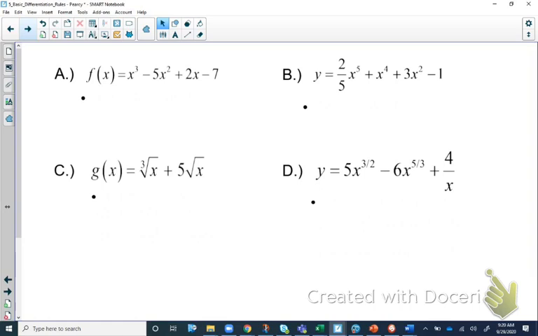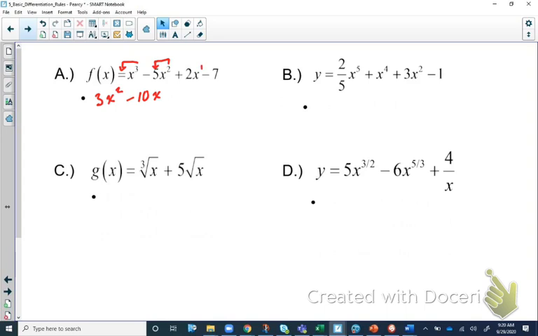we're going to take the 3 and use the power rule on it, and that would give me 3x squared. Then I'll use the power rule on the second piece, where I take the 2 and multiply it by the 5 and then drop the exponent by 1. So that'll give me a minus 10x to the first power.